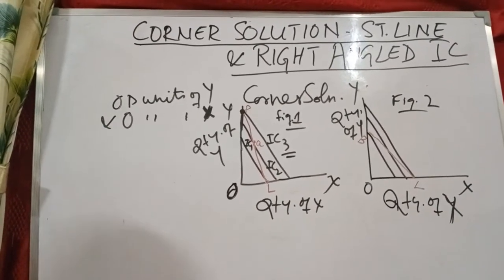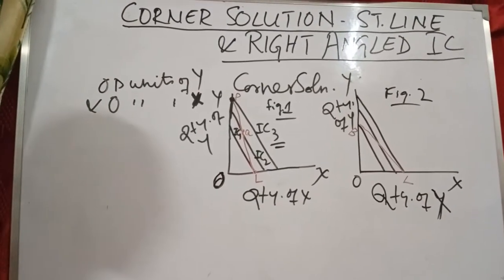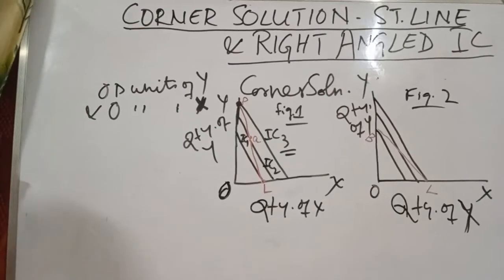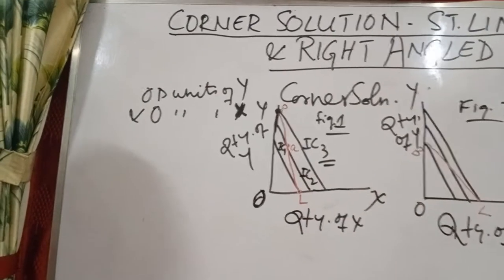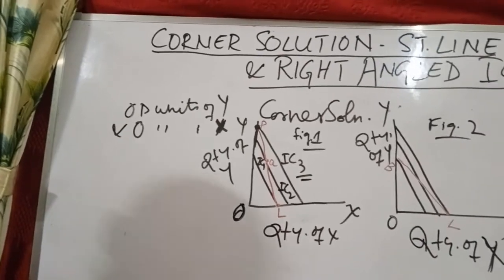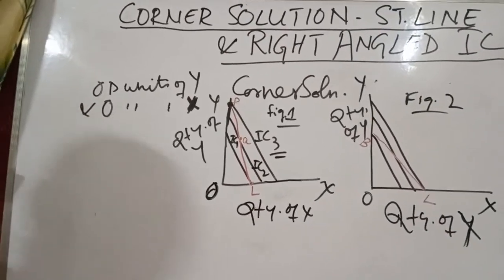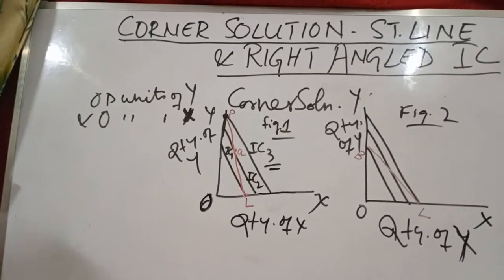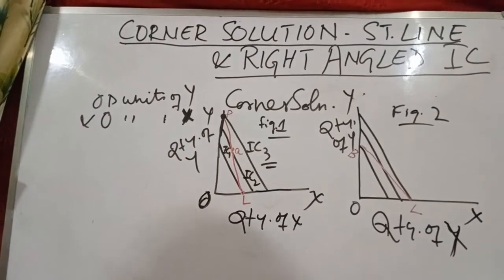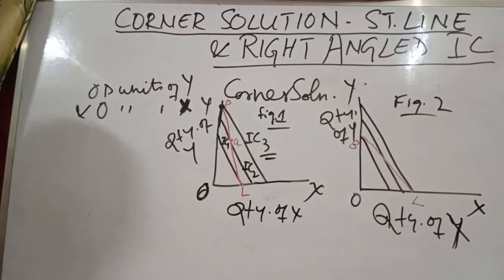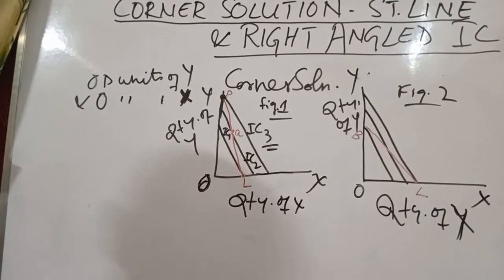And thirdly, when two goods are perfect substitutes for one another, then the consumer can make up his mind to purchase that commodity which is relatively cheaper, because both the goods give the consumer the same utilities, right?